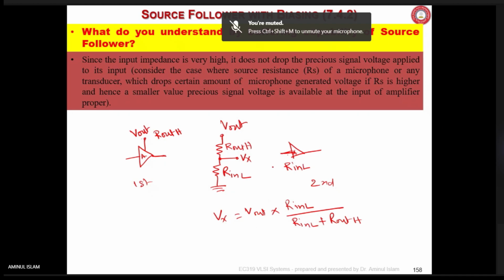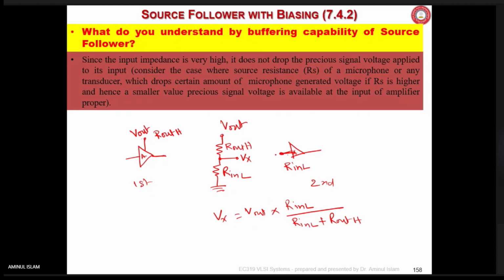So the voltage available at the input of the second stage is dropped, because this is a very low value, say 100 ohm, and suppose this is 100 kilo ohm. Are you able to understand? The voltage is actually not reaching this amplifier properly for amplification.